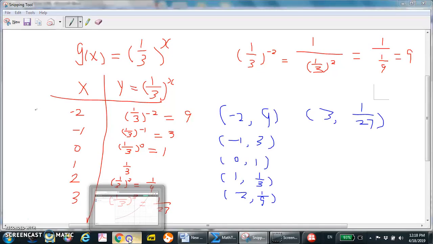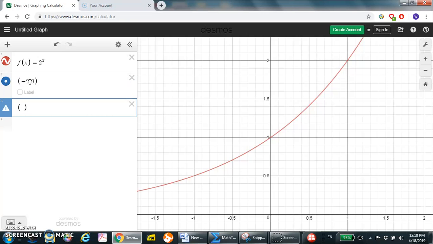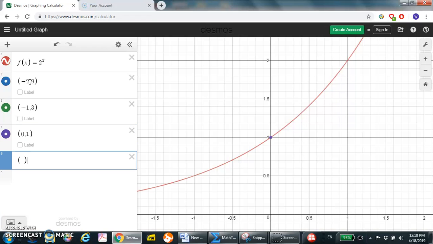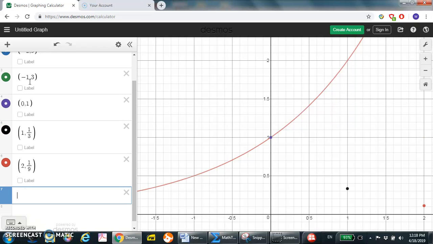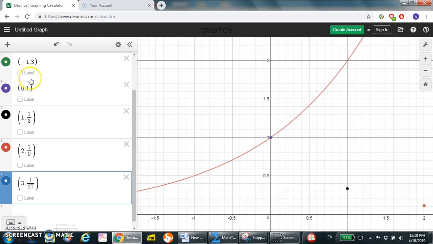Okay, now if you plot these points on the xy coordinate system, you get these points: (2, 1/9) and (3, 1/27).